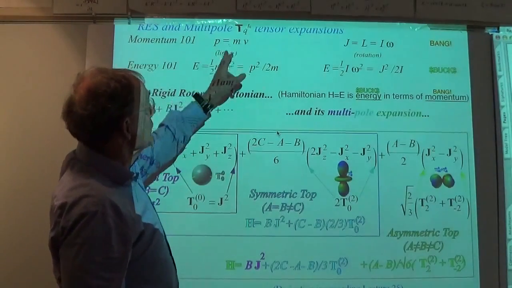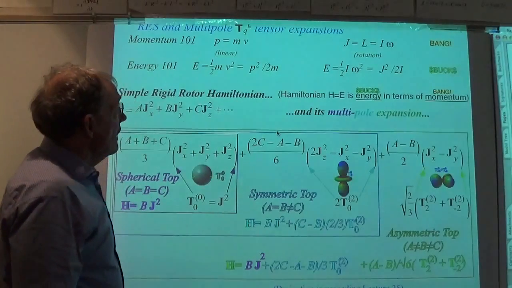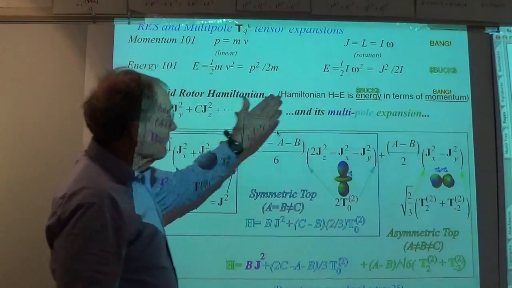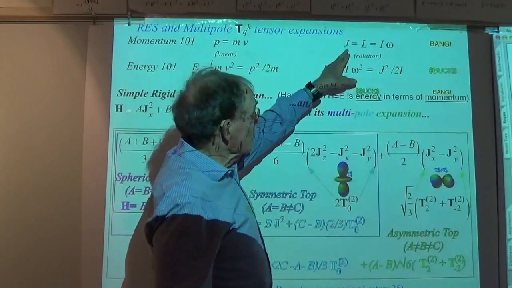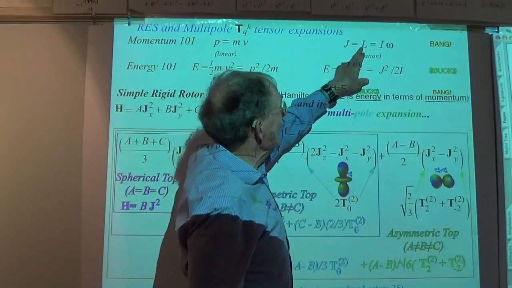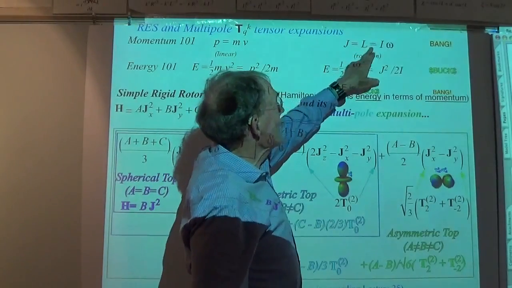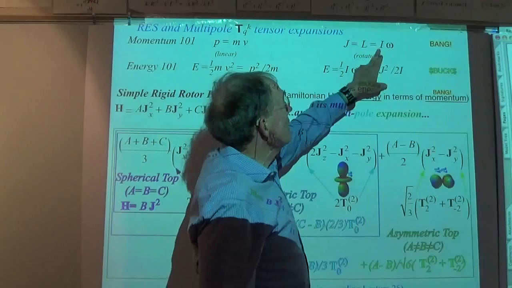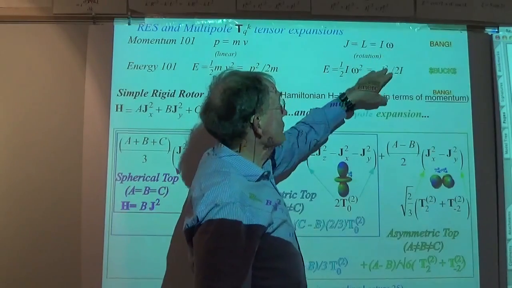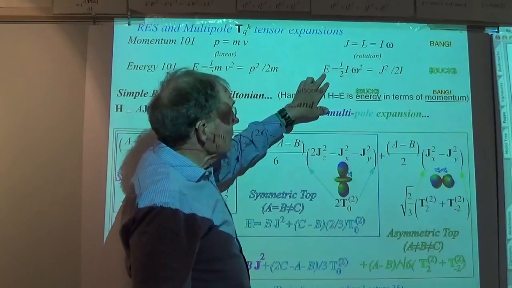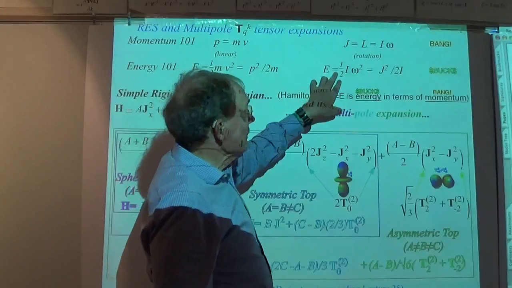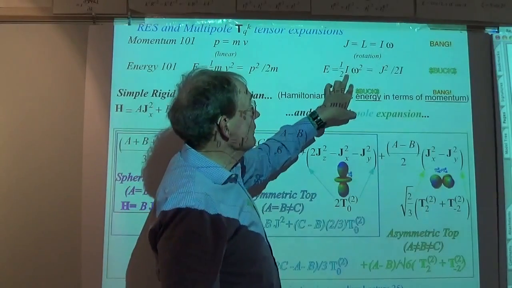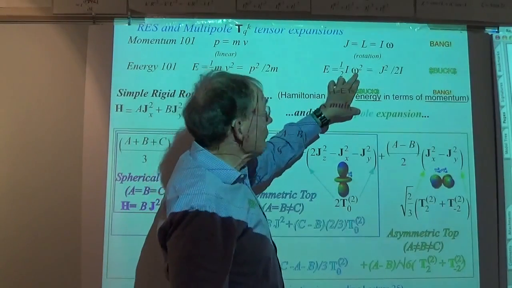This would be your linear momentum and energy, but we're talking about angular momentum. We use J or L or some other letter near that in the alphabet, like K sometimes, for an inertia times an angular velocity. And the energy that we're plotting is in the Lagrangian form, an inertia times omega squared.